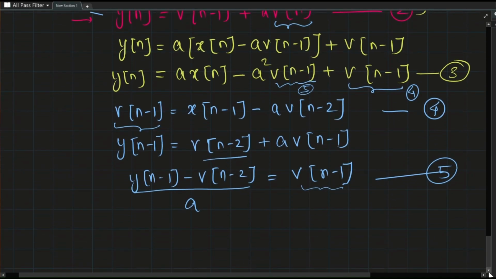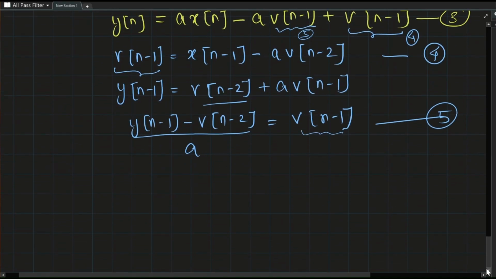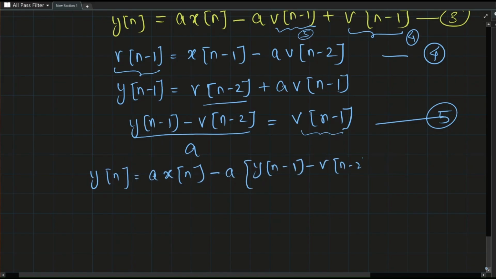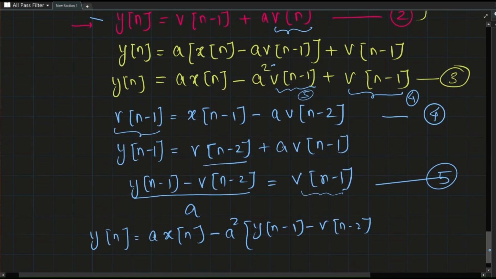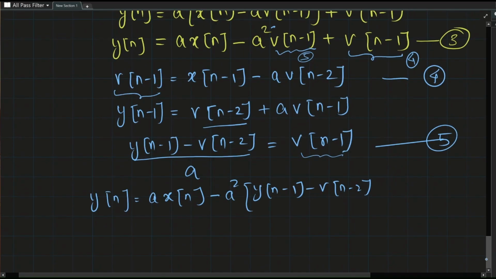So let's do that. My yn now is, I keep the first term as it is, and now I'm going to use minus a and use this fifth equation here, which is yn minus 1 minus Vn minus 2, this was a square, so a square. So this whole expression is divided by a.